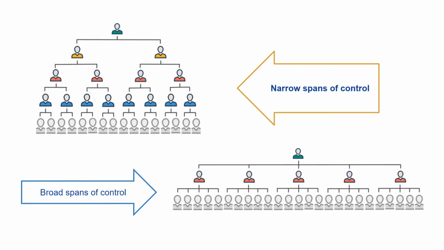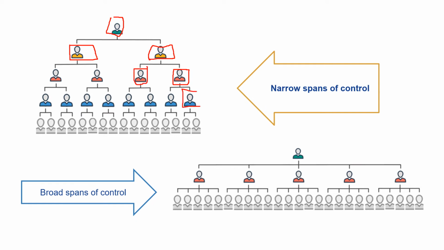the broad span of control. Here we see the manager with the narrow span of control. They limit themselves to only the necessary information that comes from those two managers. So you can see that those managers also limit themselves to the necessary information coming from those managers, and so on.